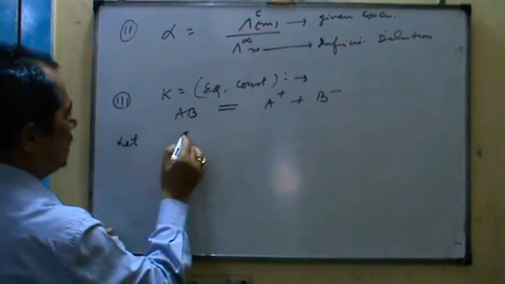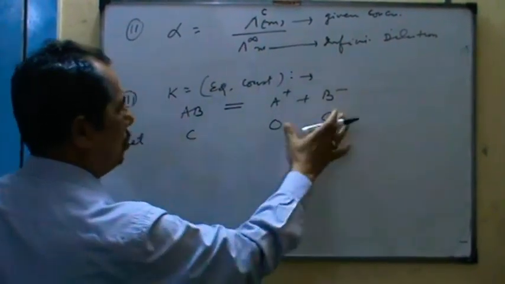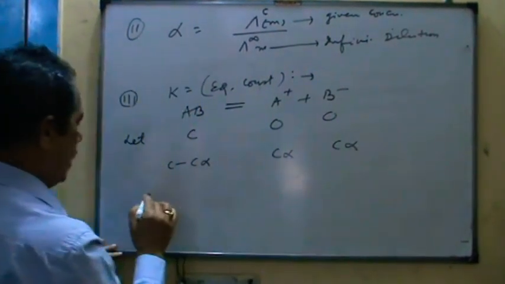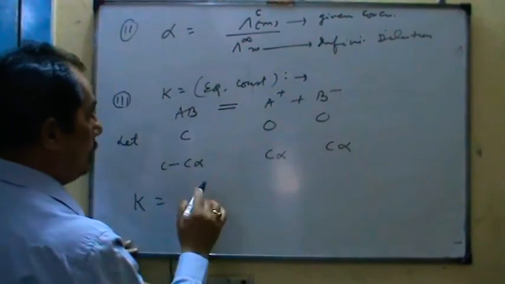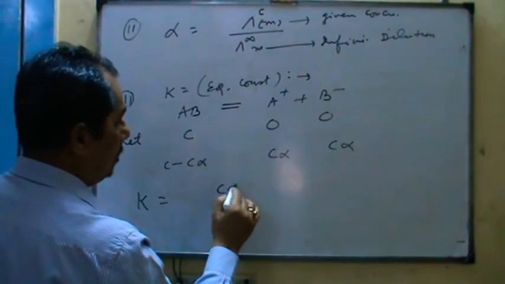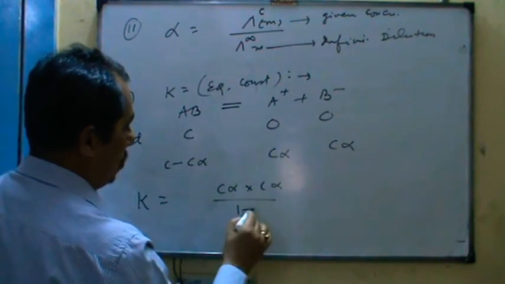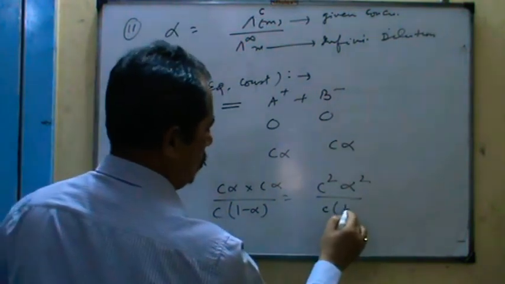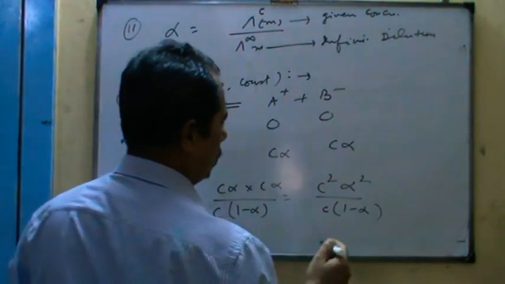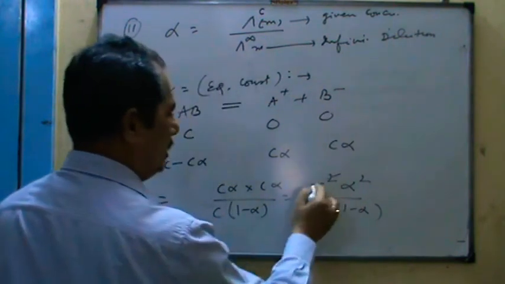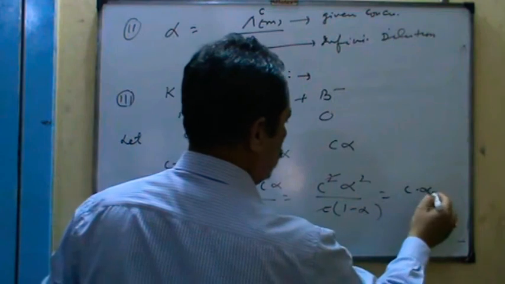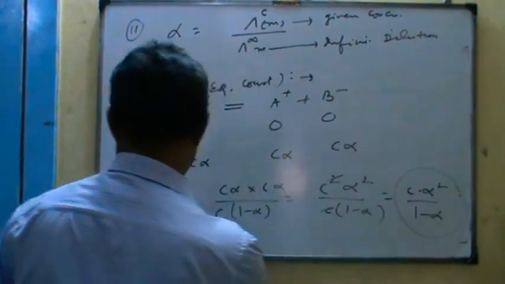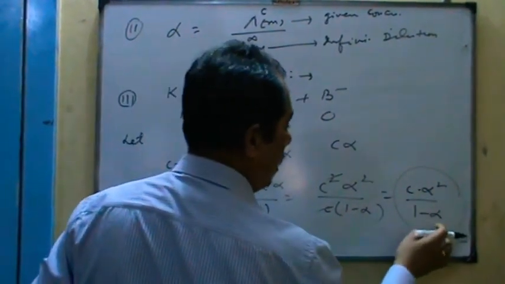Let C be the concentration of AB at time 0, so product is 0. At equilibrium, it is C minus C alpha, and C alpha, C alpha. K equals C alpha into C alpha upon C into 1 minus alpha, or C square alpha square upon C into 1 minus alpha. This C is cancelled out. So K equals C into alpha square upon 1 minus alpha, at infinite dilution. So K you can calculate as C into alpha square upon 1 minus alpha.